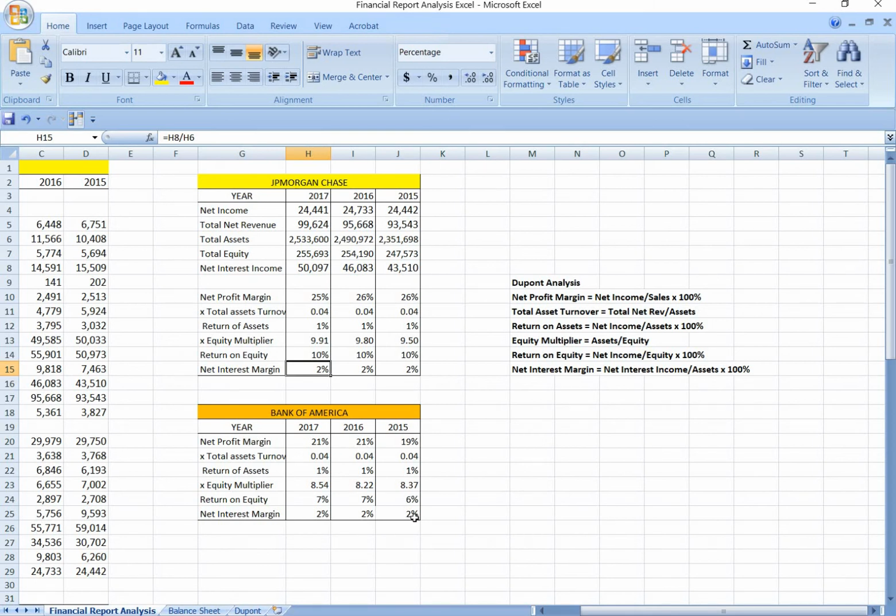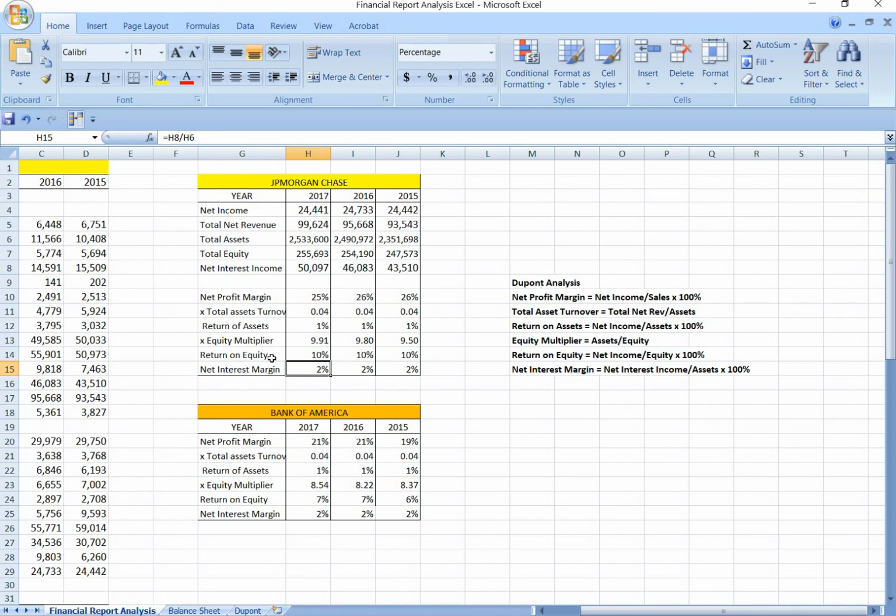Net profit margin of JP Morgan Chase is higher year after year than that of Bank of America, but how the percentage moves is about the same for these two companies.